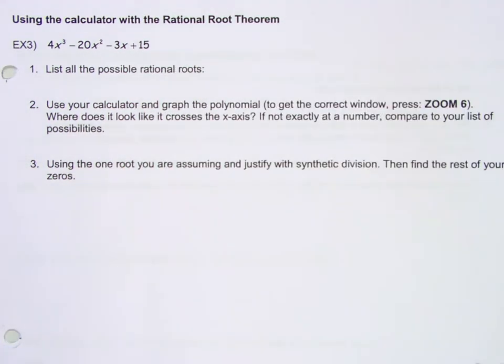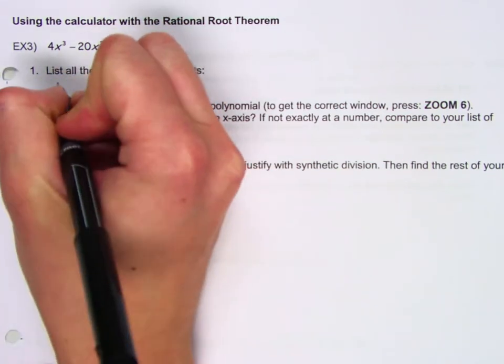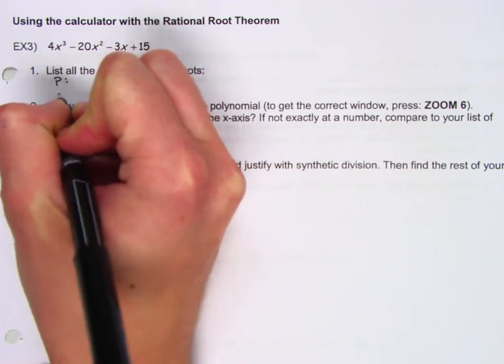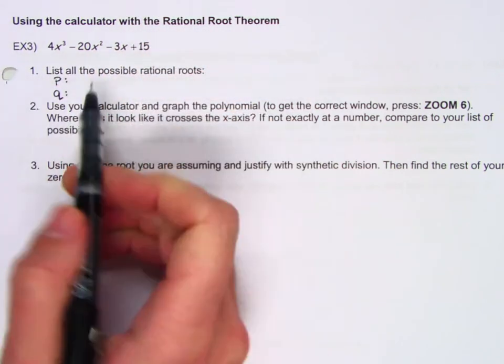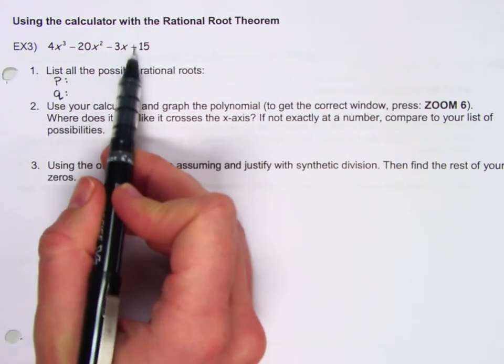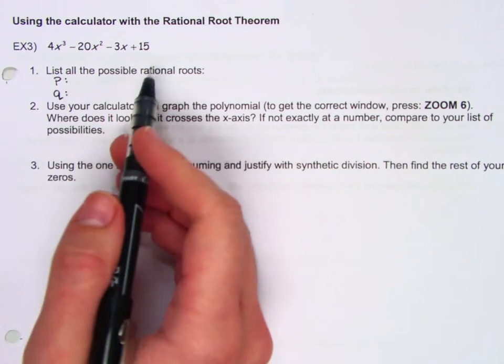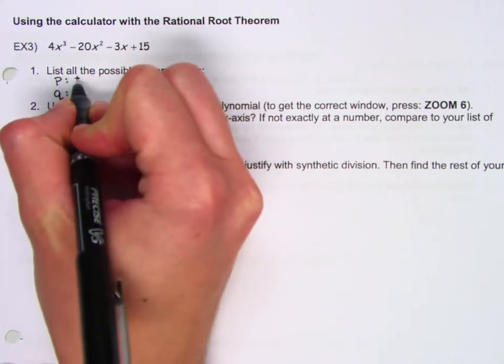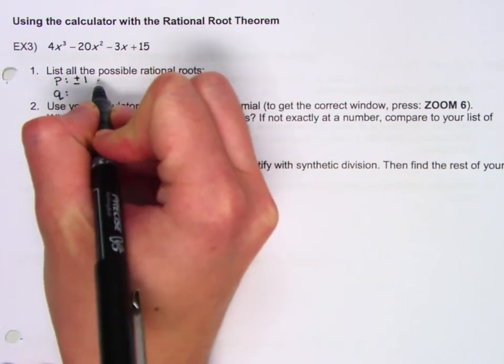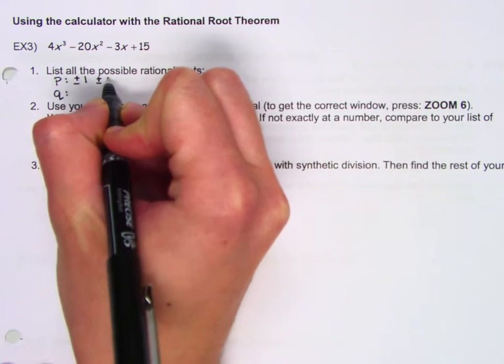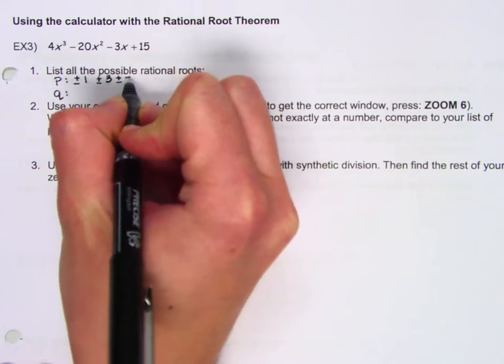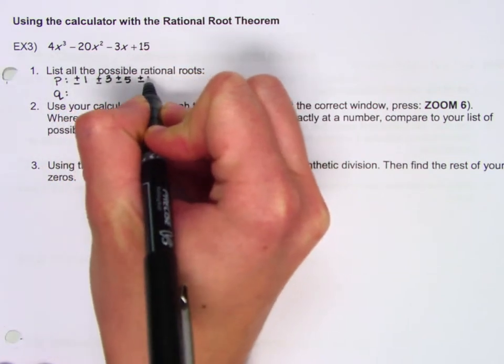So the first thing that we want to do is list all the possible rational roots. Yesterday we talked about the P and the Q values. Remember, the P values come from all the factors of 15. So all the factors of 15 would include plus or minus 1, plus or minus 3, plus or minus 5, and plus or minus 15.